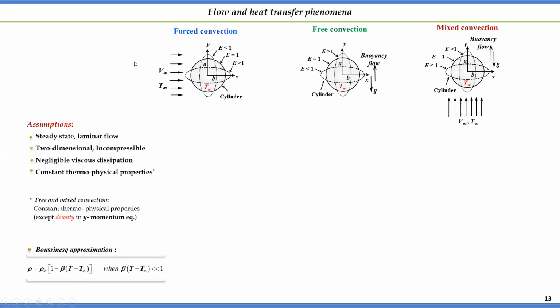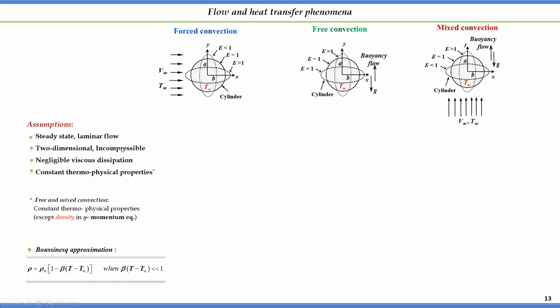Our consideration is steady state, laminar flow. Because the object is very long in the third direction, we can consider the gradient in that direction to be zero, so we can treat it as a two-dimensional problem. We are neglecting viscous dissipation because the Brinkman number is very small in this case, and we are also considering all thermophysical properties constant.